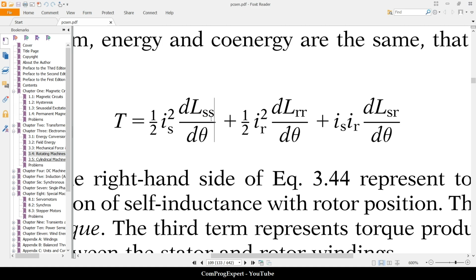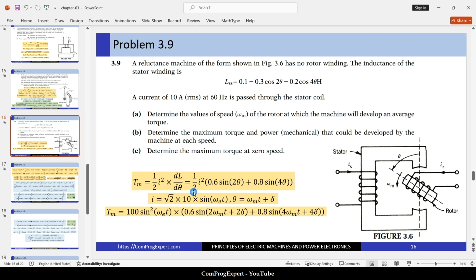So this is the value of the magnetic torque. And for this structure, only for specific values of the rotor speed, we have average mechanical torque. So in part A, we should find the speeds for which we have average mechanical torque, average reluctance torque.